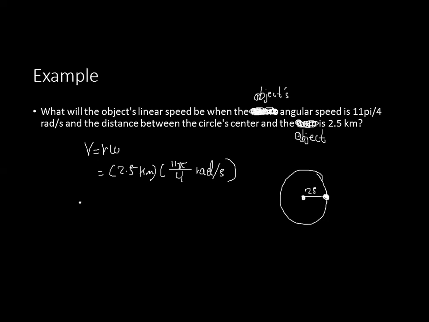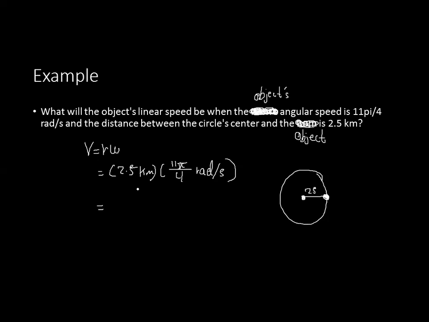All right. So what would be the answer here? For this case, we can use our calculator. 2.5 times 11 pi all over 4.